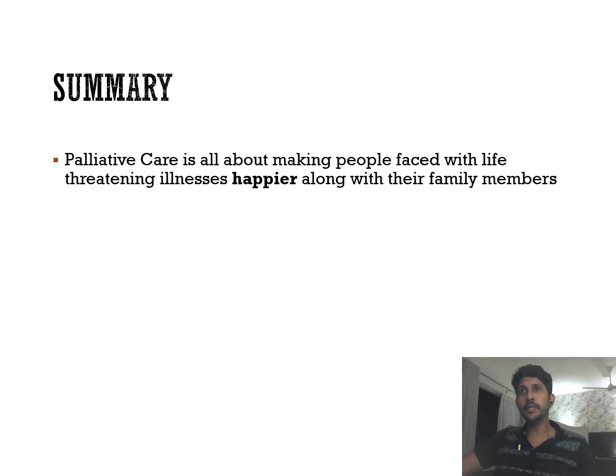So in summary, palliative care is all about making people faced with life-threatening illnesses happier along with their family members. And there are so many ways that you can make them happy and reinstate the hope that they have lost.